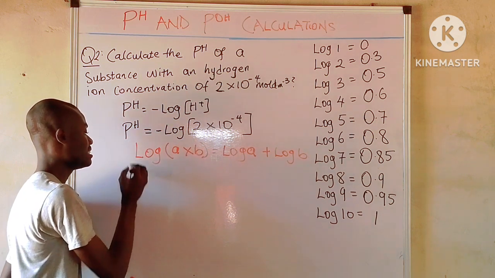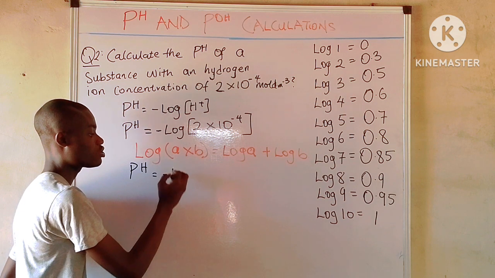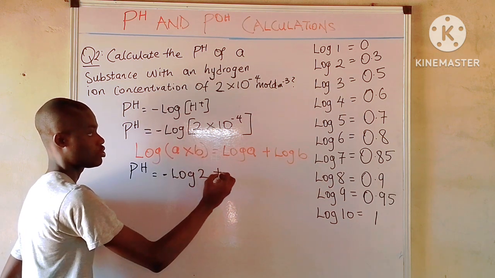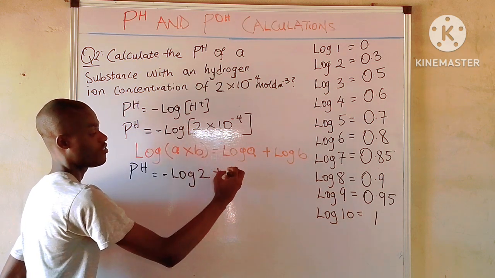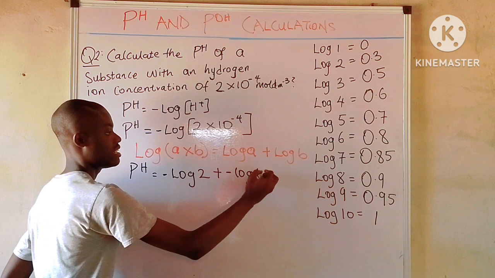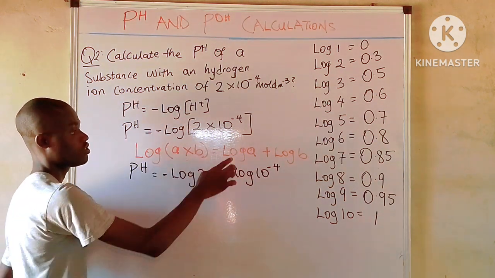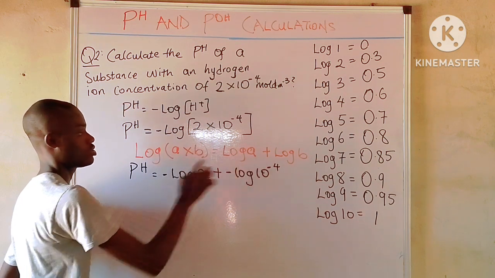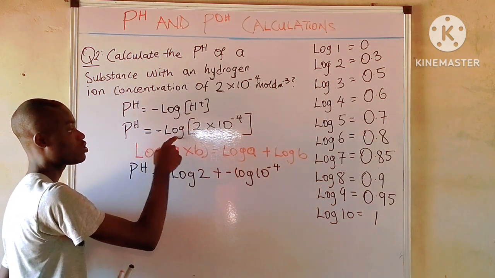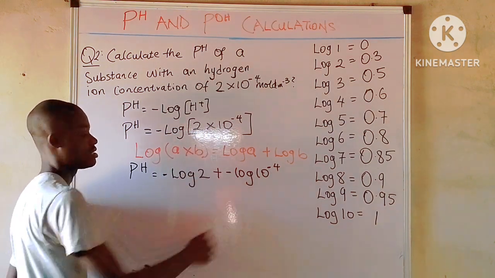So I can write this as minus log times 2 gives us minus log 2. This time becomes addition. Minus log times 10 to the power of minus 4 becomes minus log 10 raised to the power of minus 4. So it's simple. Log times A will give us log A, and times becomes addition. Log times B will give us log B. So a singular thing we are going to apply: minus log 2, times becomes plus, minus log times 10 to the power of minus 4. We have this.